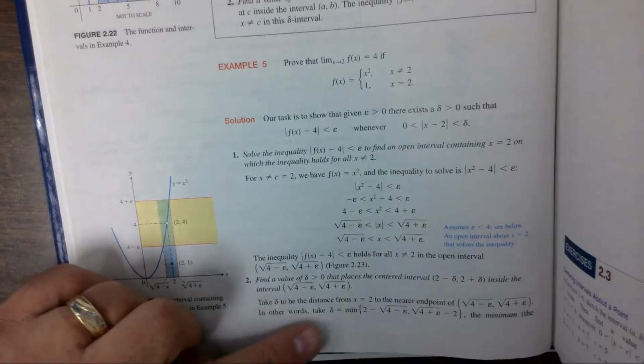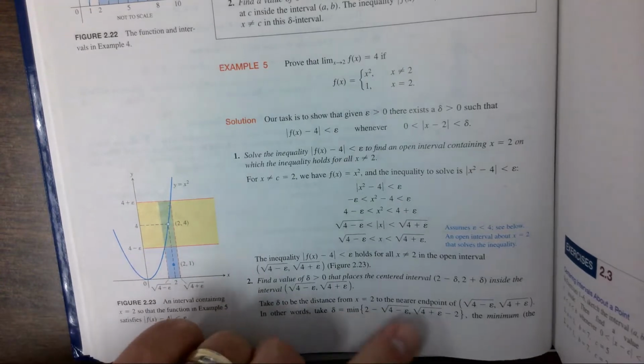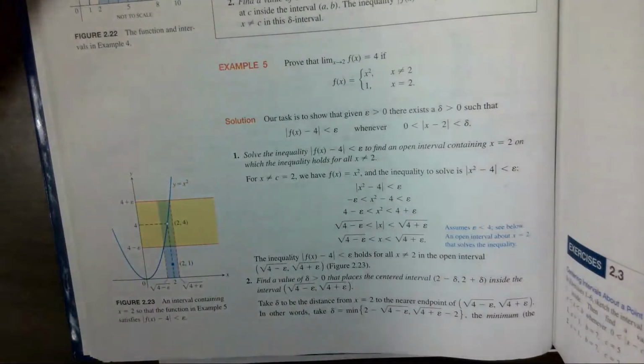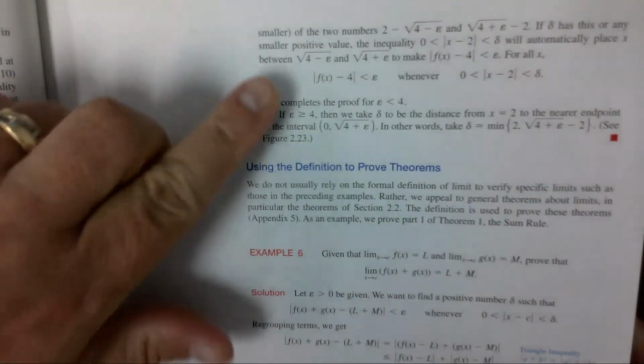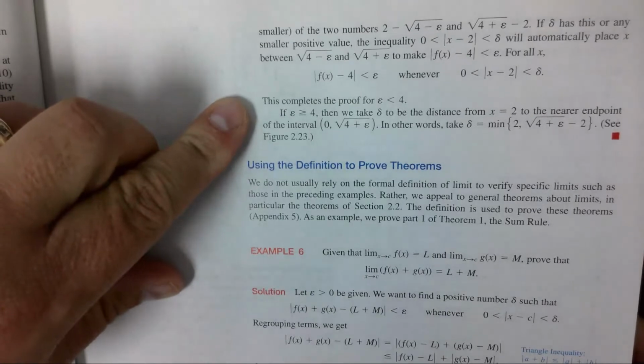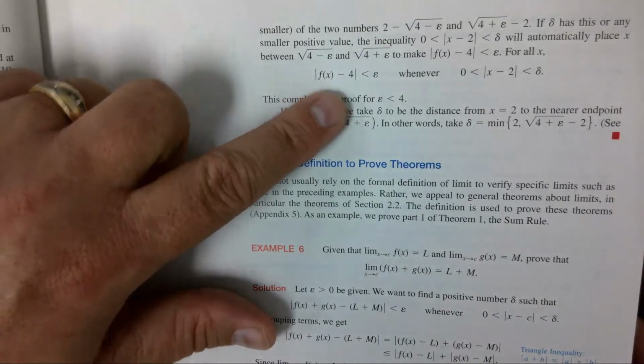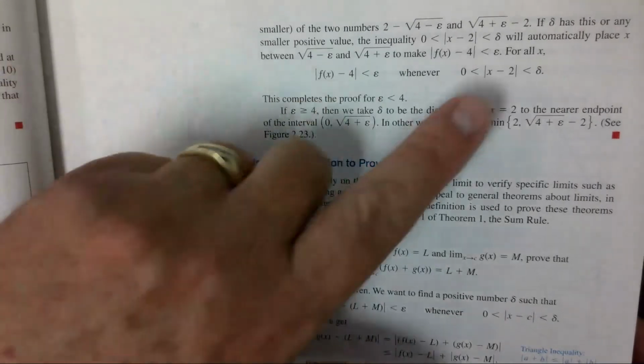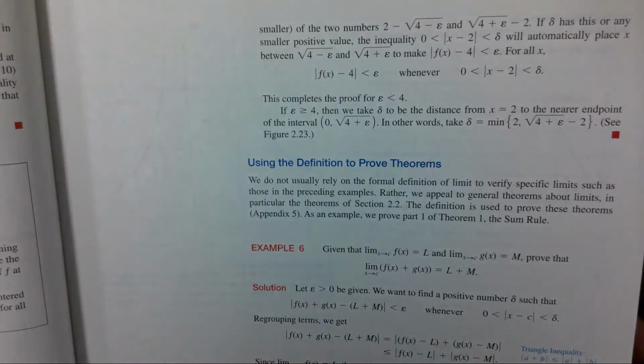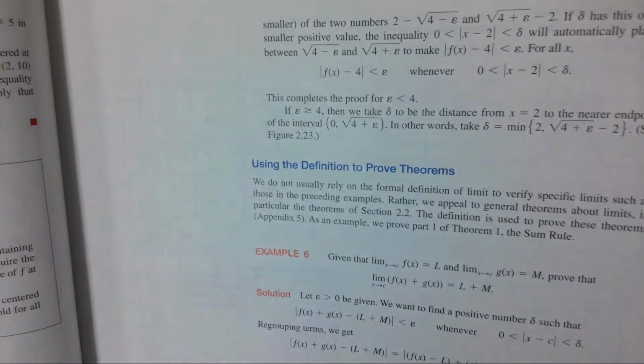And then they want you to find the minimum between these. So the minimum number is the one that we would want. So the absolute value of f of x minus 4 is less than epsilon whenever 0 is less than the absolute value of x minus 2 less than delta.